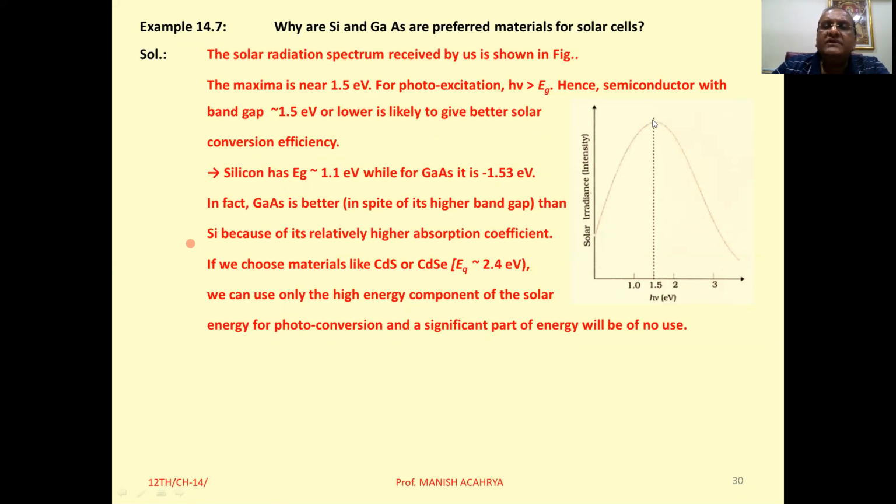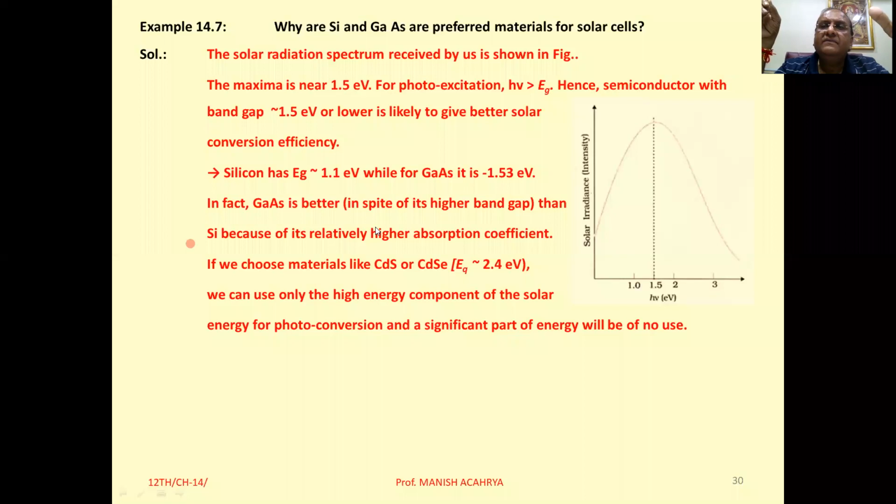Then we can observe this: in the radiant energy incident on the surface of the earth from the sun, the maximum intensity of the radiation is at 1.5 electron volt energy.